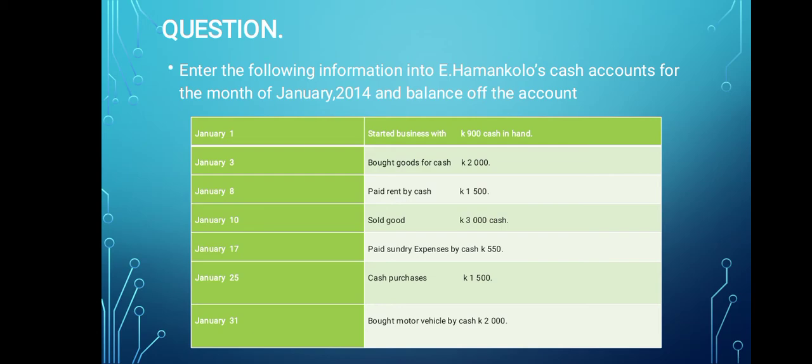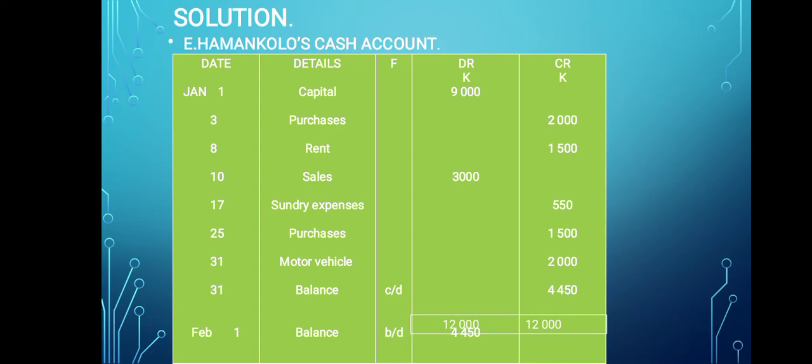Now, forward. I want us to look at the solution. How do you sort it? The one column cash book has got these columns. The first, you have the dates, you have details, F is for folio, and DR stands for debit side, CR stands for credit side.